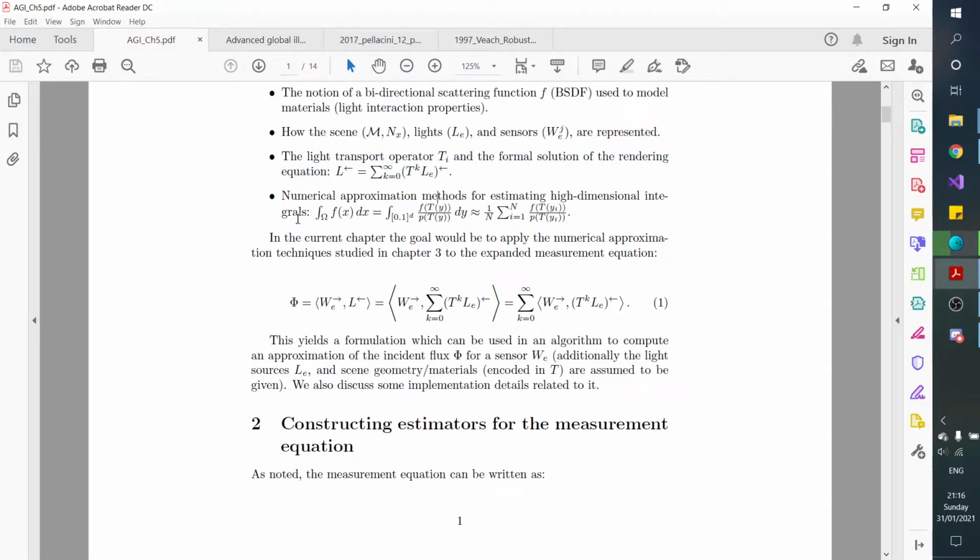We also saw in chapter 3 what to do about these integrals.